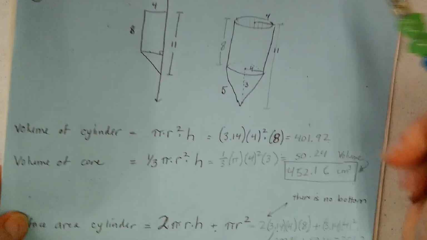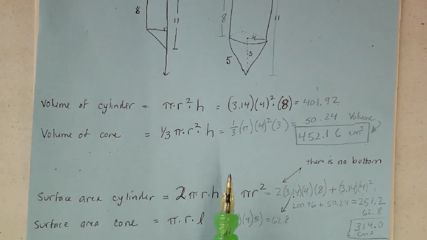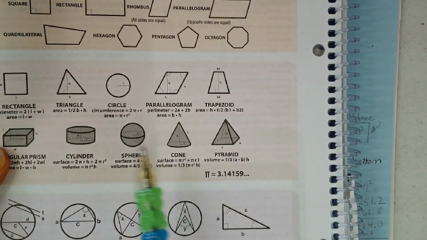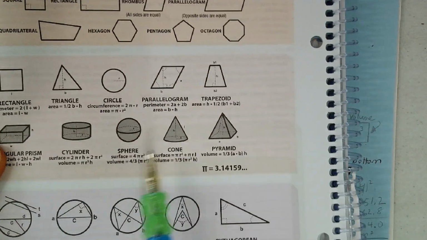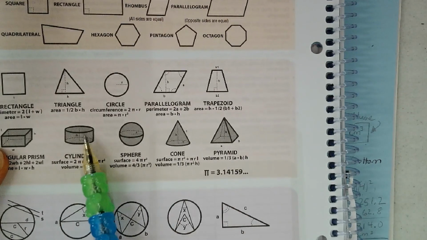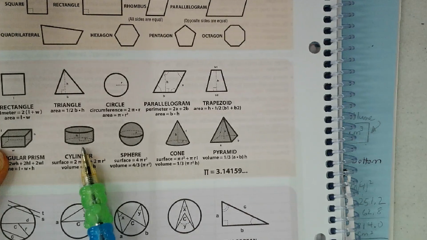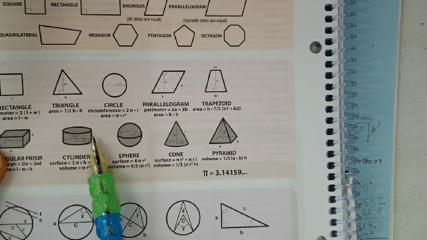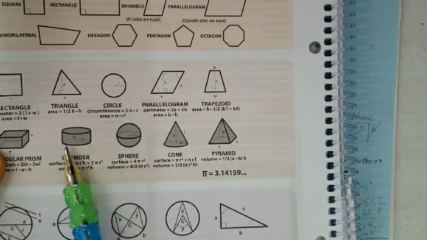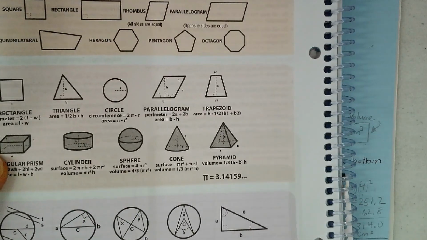So I can't just take the formula straight off the formula sheet, blindly adding them together. I have to keep in mind that this cone is sitting on the bottom of the cylinder, and that there's only one of this round part right here. This is a pi r squared, so I have to adjust for that.